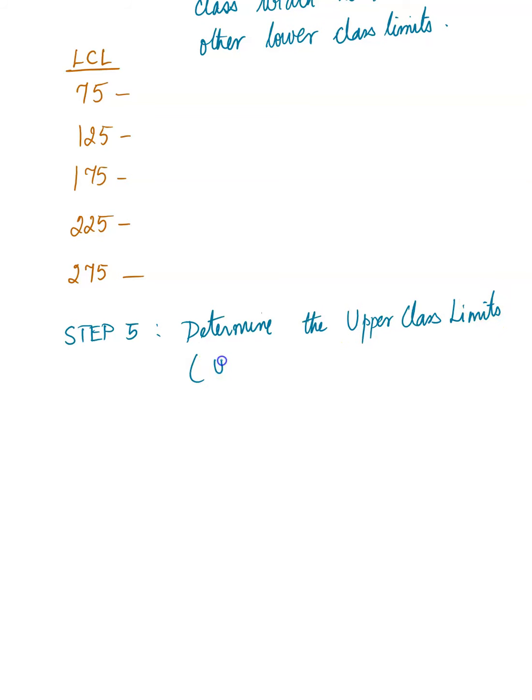We'll call it UCL, upper class limits, for each class. So for our problem, how do we determine that? We just simply have to now add a 50. Right? And moreover, what we can see here is if it's 75 and here it's 125, you want to stop one before that.